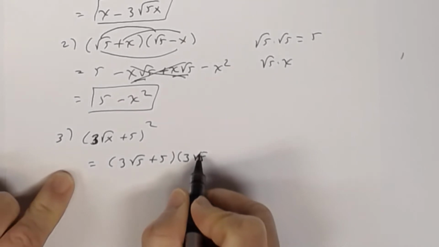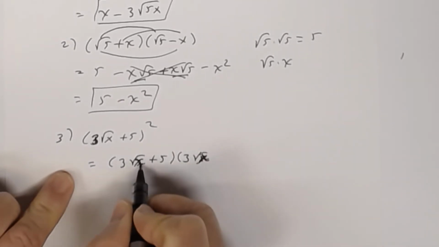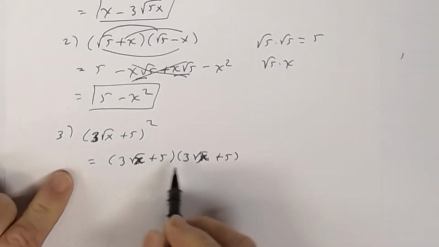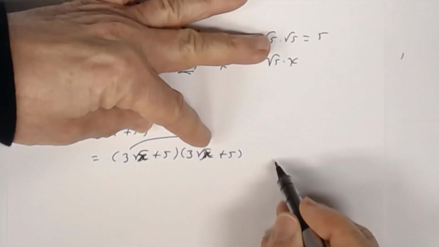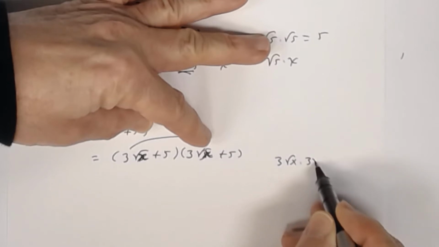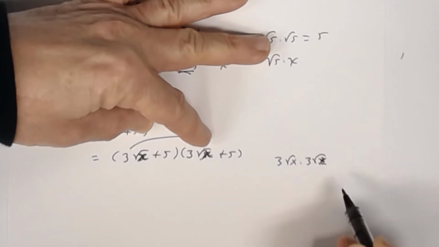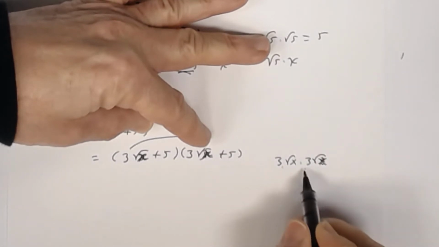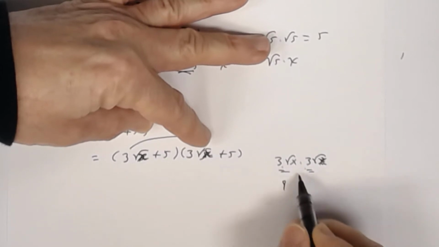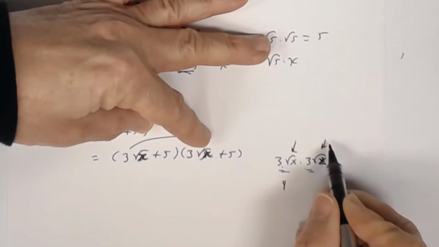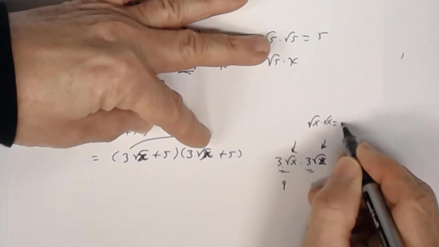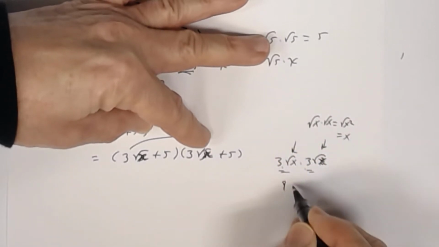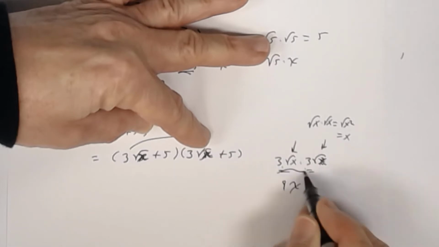Then foiling this, be careful, you have first times first. 3 square root of x times 3 square root of x. 3 times 3 is 9, and square root of x times square root of x is the square root of x squared, which is x. So this becomes 9x.